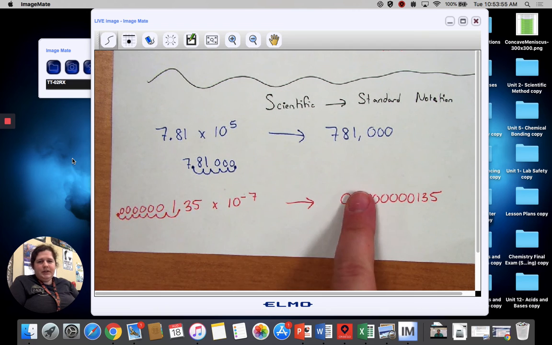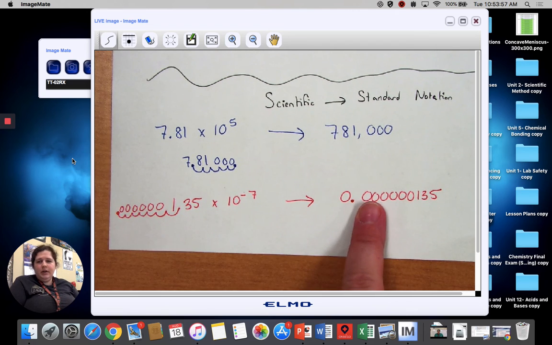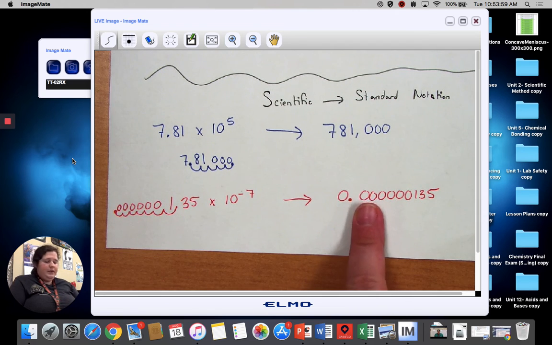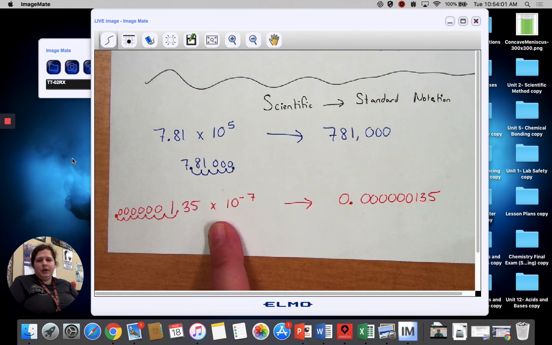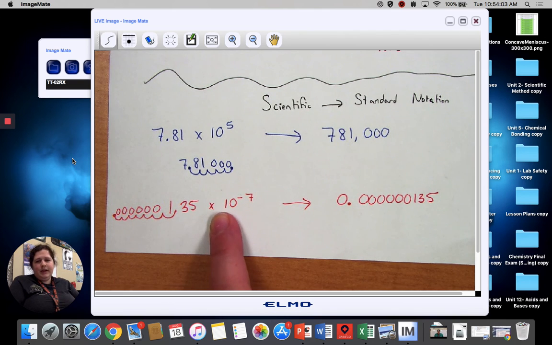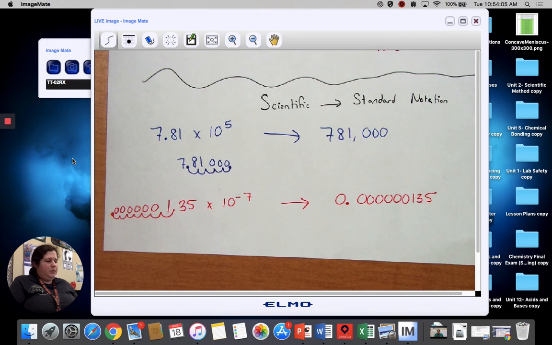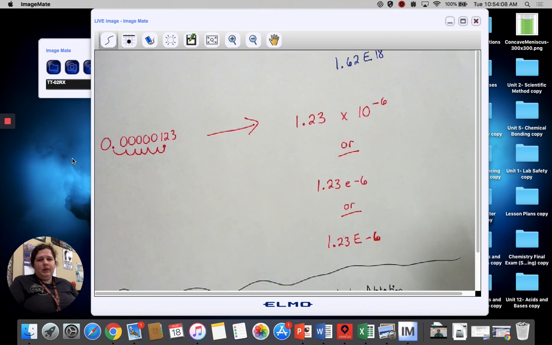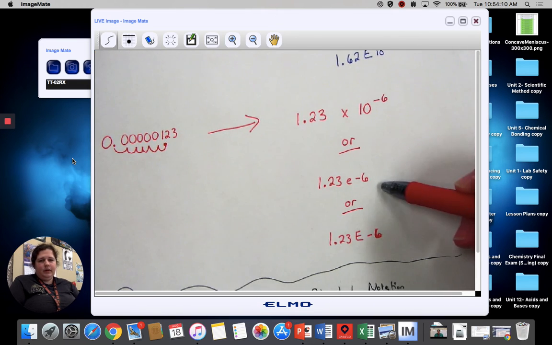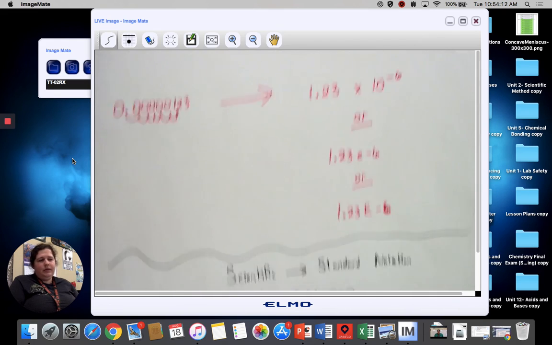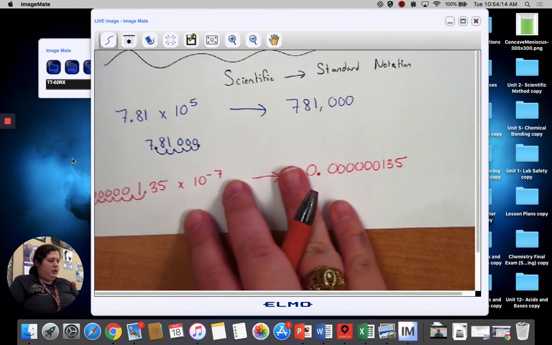Okay, so this is my standard notation, regular numbers, nothing fancy there. Scientific notation always has to have that exponent incorporated within it, whether it is written like this, this, or this, just depends on how you are looking at it.